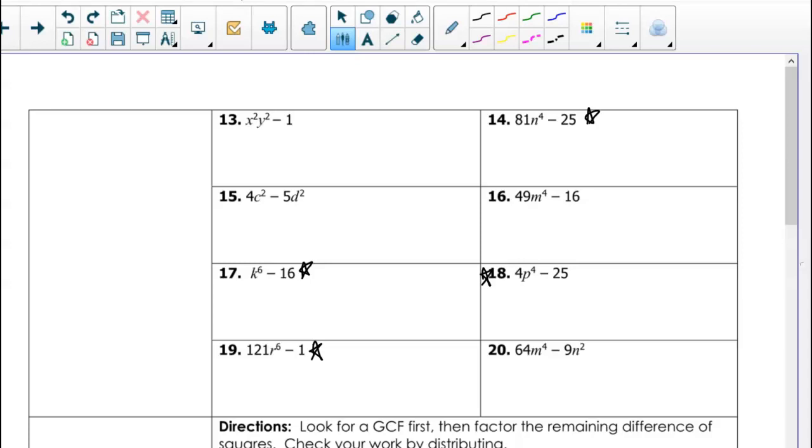You are going to divide the exponent by 2, and that would be the equivalent of taking the square root of it. So the square root of 81 is 9, n to the 4th becomes n squared, and 5.